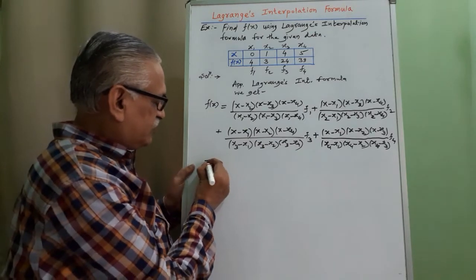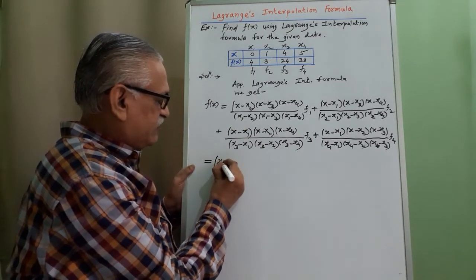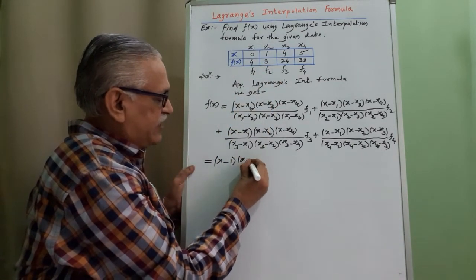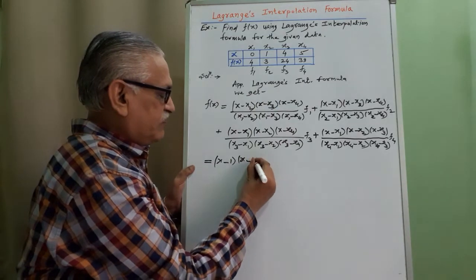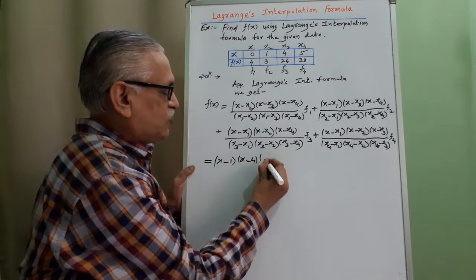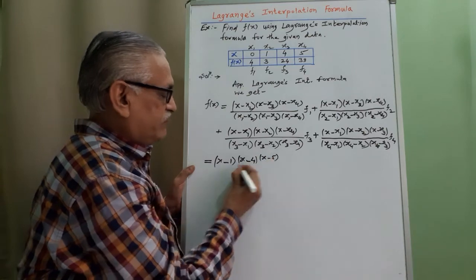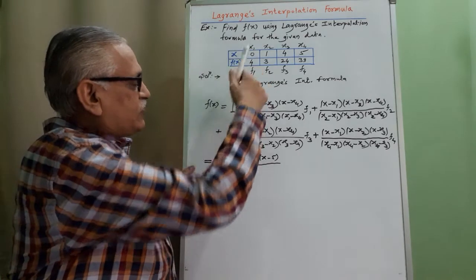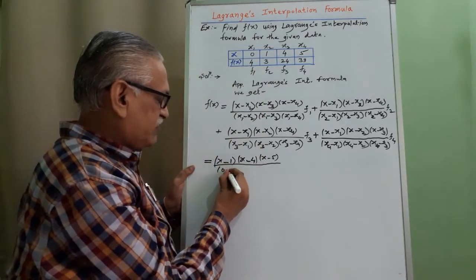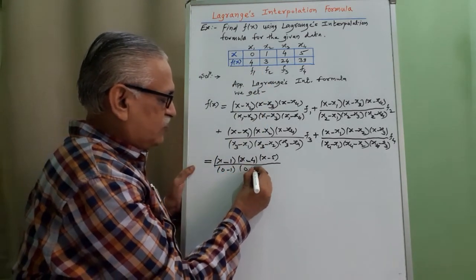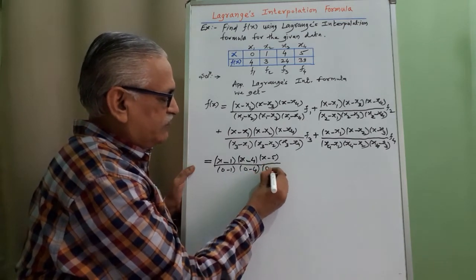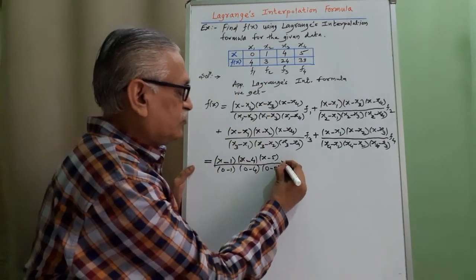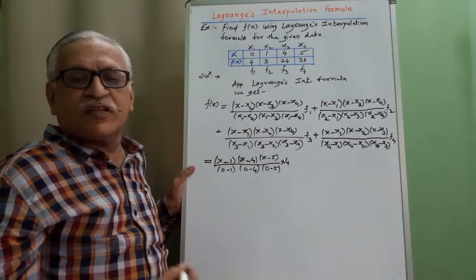Therefore, substituting the values we get x minus x2, the value of x2 is 1, then x minus x3, that is 4, and lastly x minus x4, x minus 5, divided by x1, the value of x1 is 0, therefore it is 0 minus 1, 0 minus 4 and 0 minus 5. Multiplied by f1. f1 is 4. This is the first term.